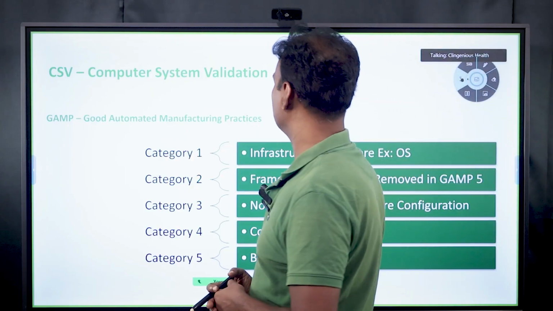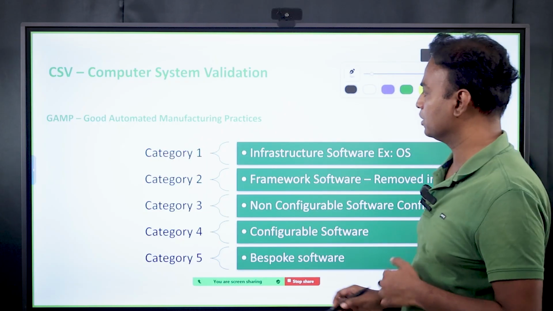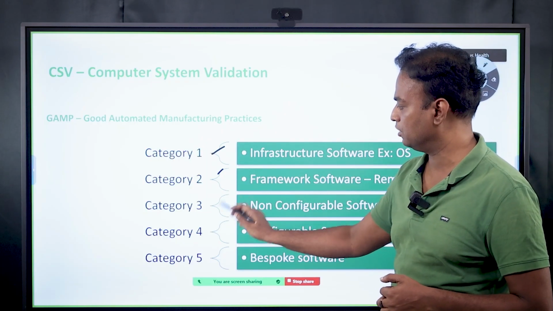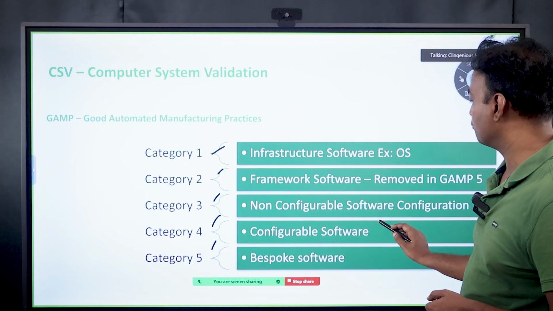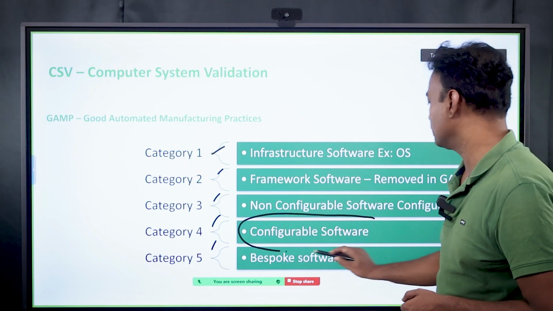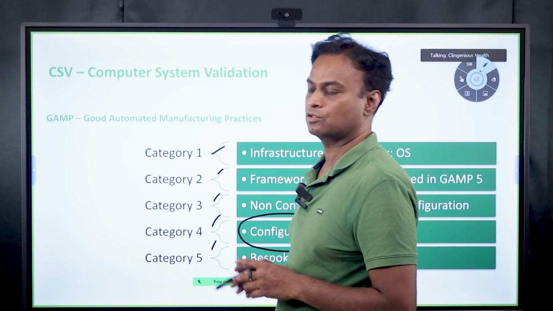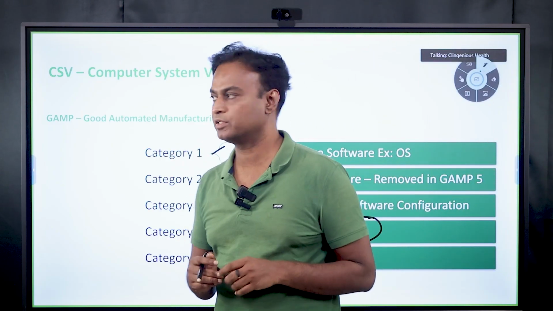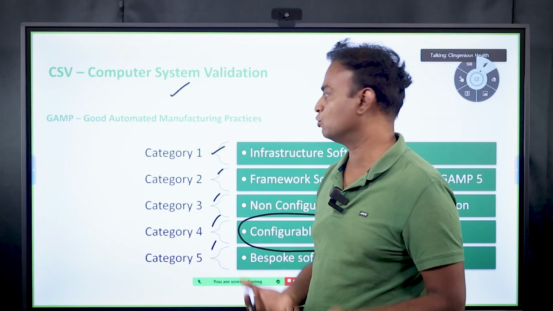And coming to computer system validation, there are category 1, category 2, category 3, 4, 5. Clinical IRT comes under category 4, configurable software. What is meant by configurable software is the system is ready, you just have to configure it. For example, if you want randomization, you will just put a tick to randomization and the randomization module is open.